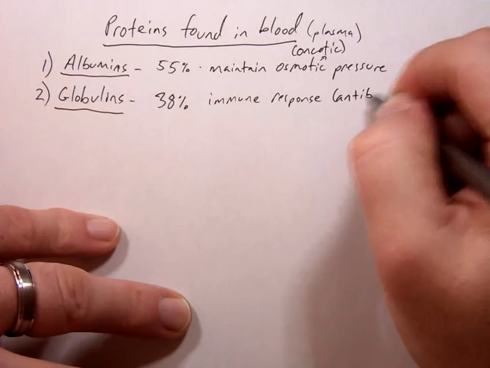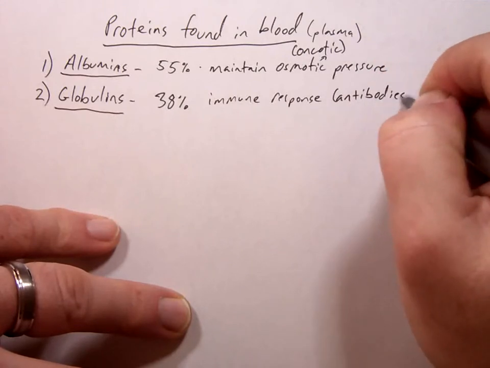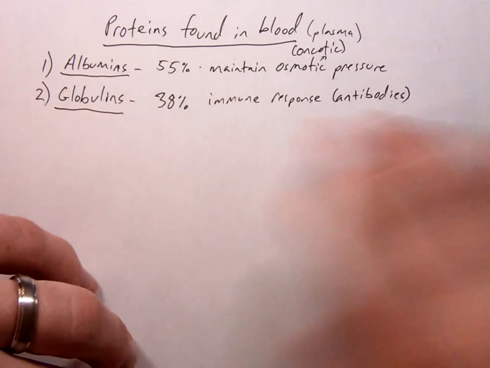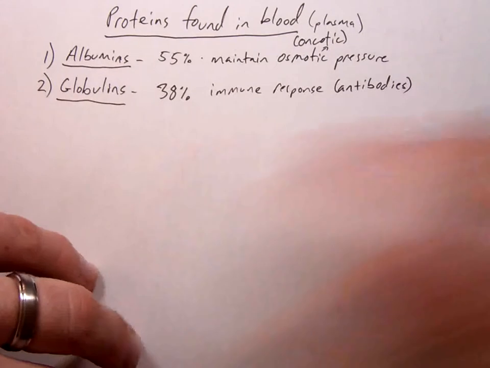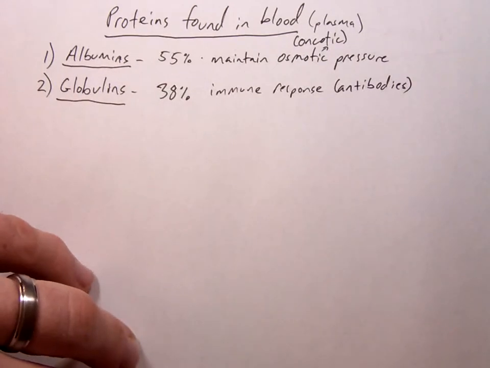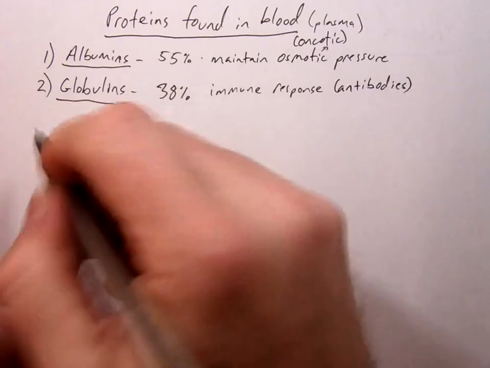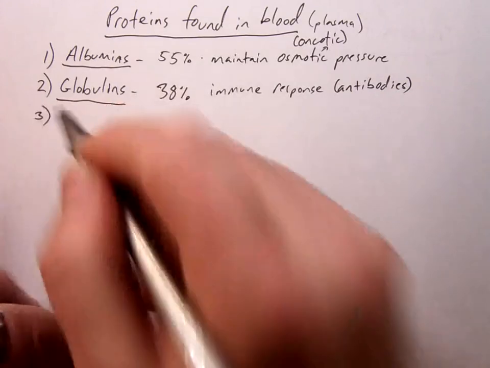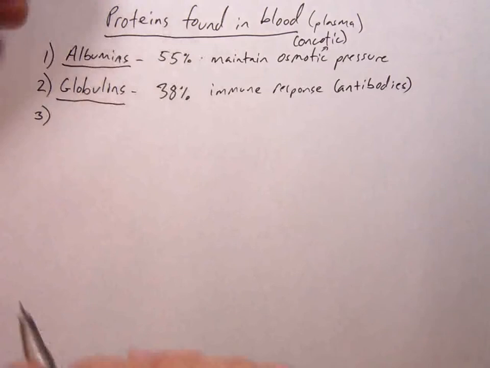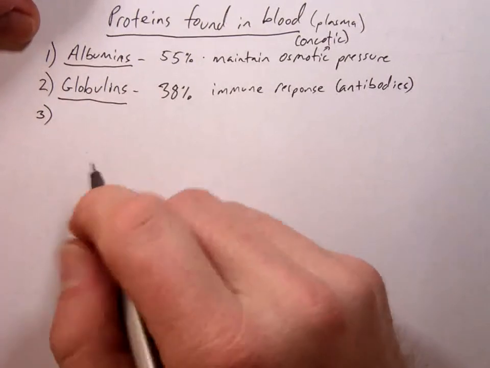So all antibodies are globulins. That's basically their job: to fight infection, fight disease, and help to mark and target things that don't belong in our bloodstream so our white blood cells can effectively attack them and we can remove them.